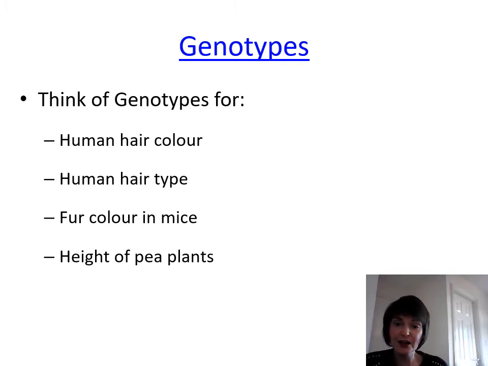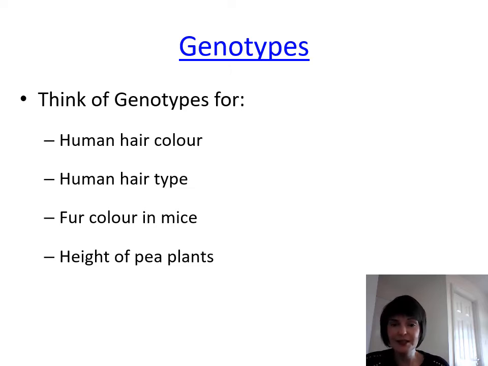So for human hair colour, we could use the letter B, and you could have big B big B, or big B little b, or little b little b.